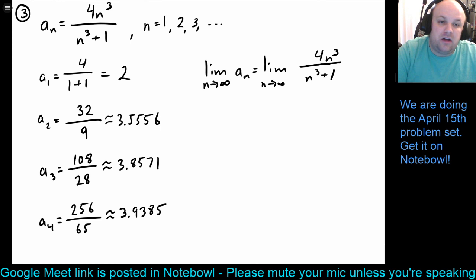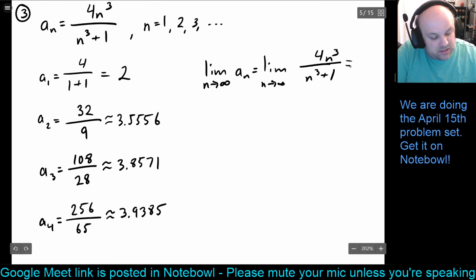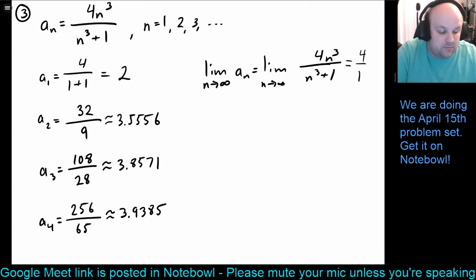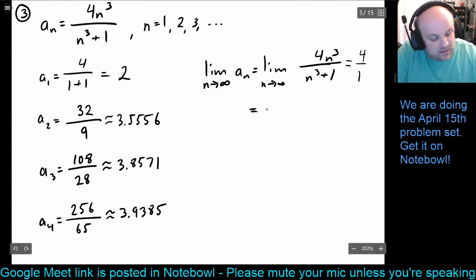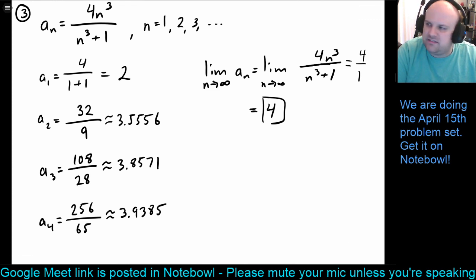And you have a couple options now. You can use L'Hopital's rule on this if you so choose. That'll get you to the answer. The other thing you can say is, look, the top is degree 3, the bottom is degree 3. So, since we're going to infinity, the limit is just going to be the ratio of the coefficients of n cubed. So 4 on top, 1 on bottom. So this limit is 4. Does that make sense?